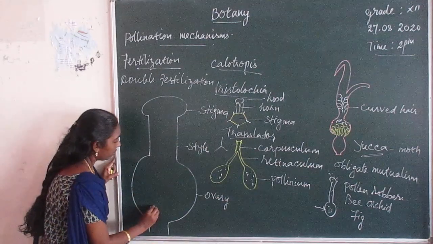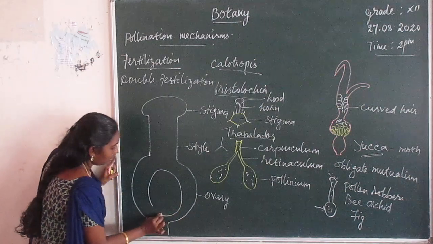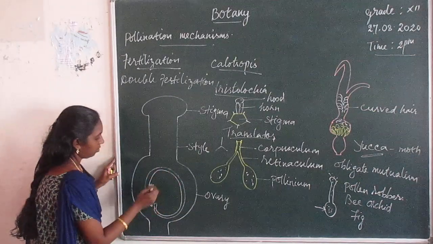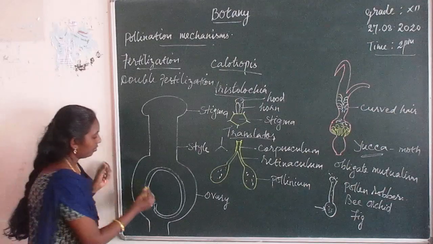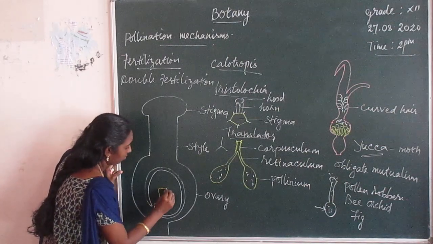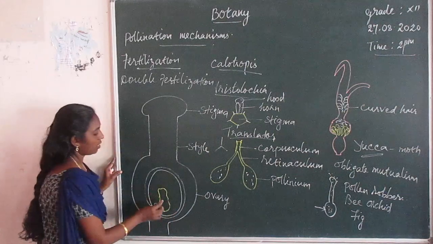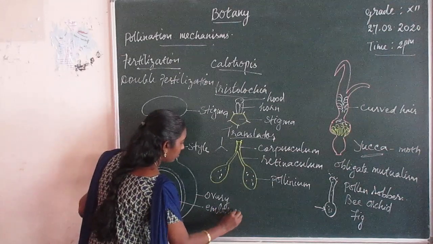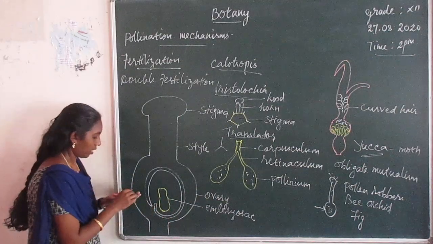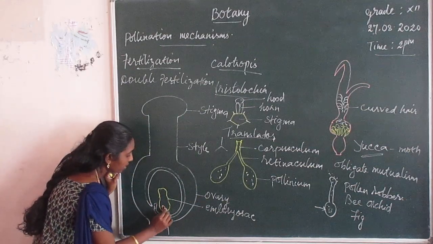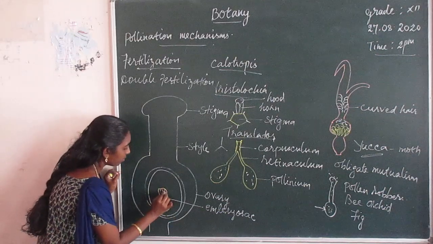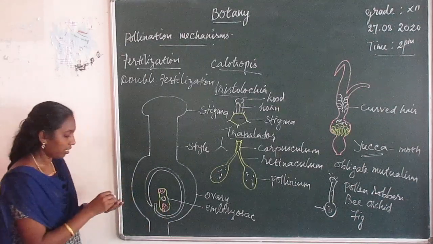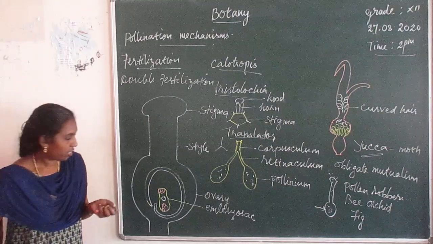Inside here is the embryo sac, containing synergids, antipodals and the polar nuclei, surrounded by the integuments.